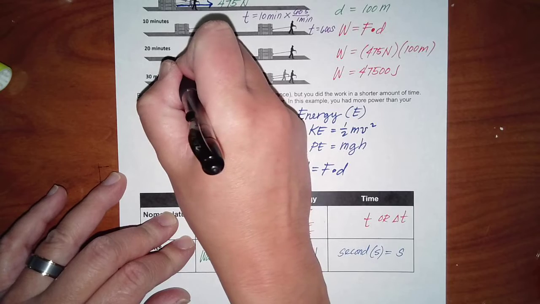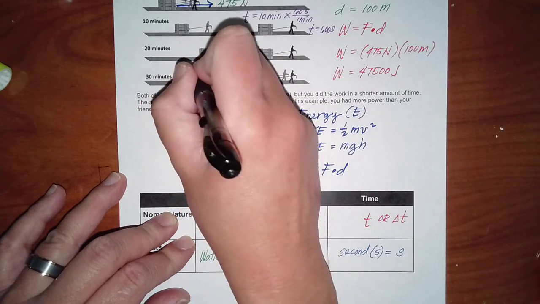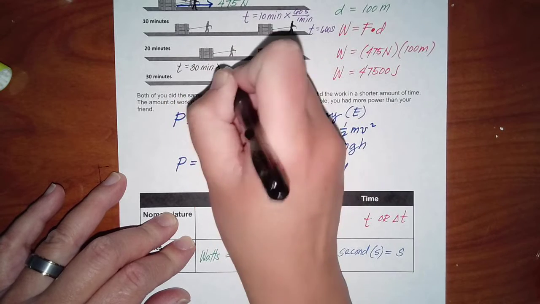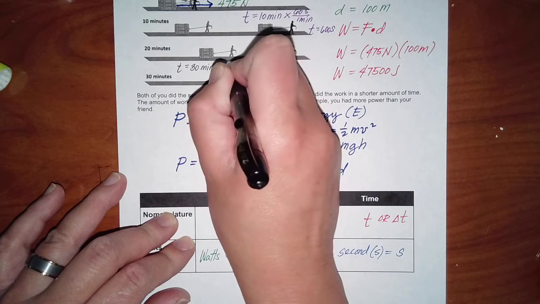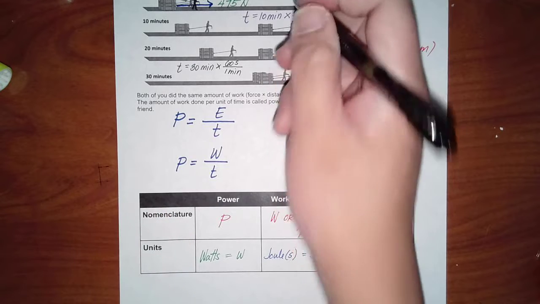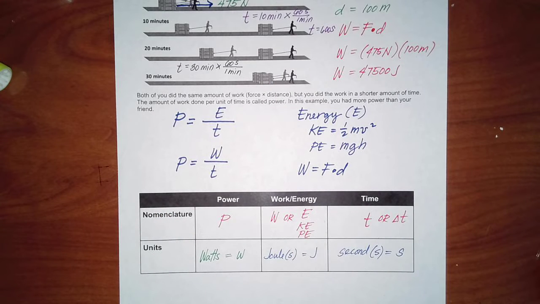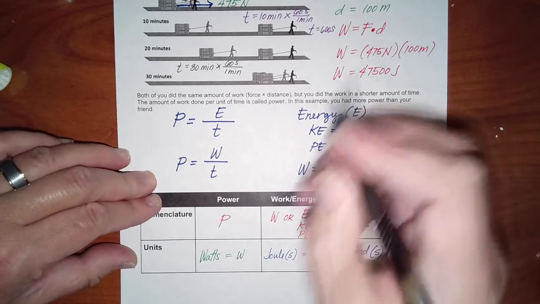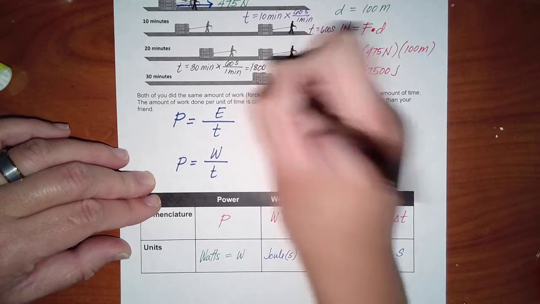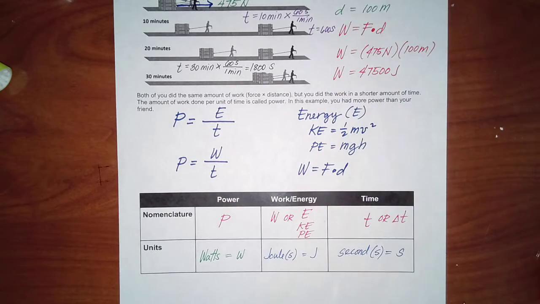If your friend took 30 minutes, and there are 60 seconds in 1 minute, then 30 times 60 will give us 1800 seconds.